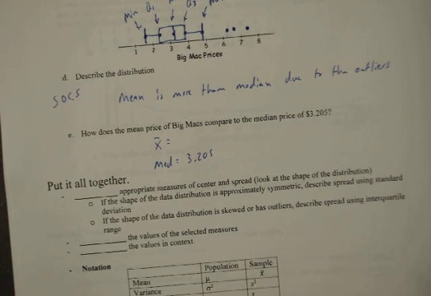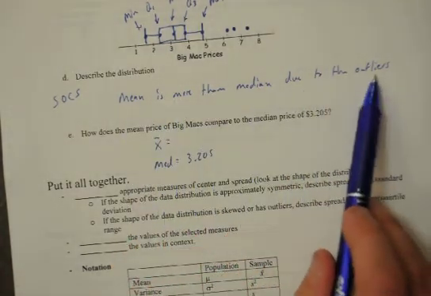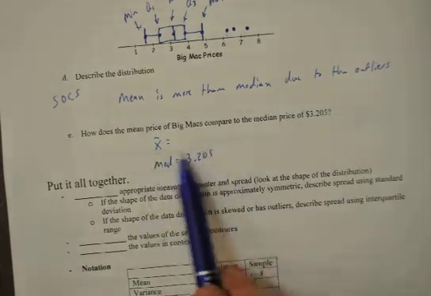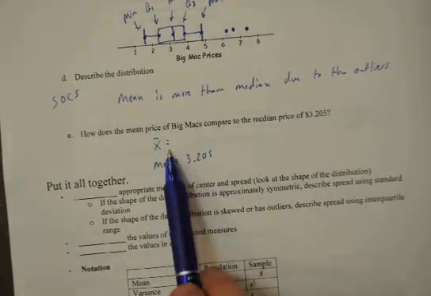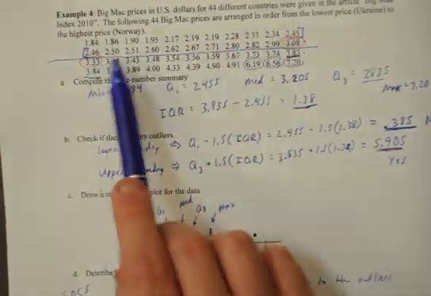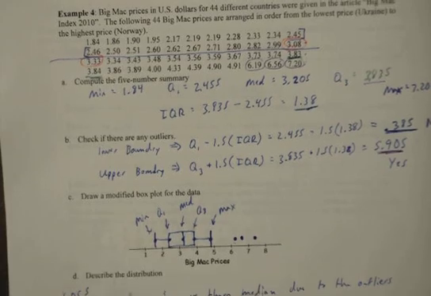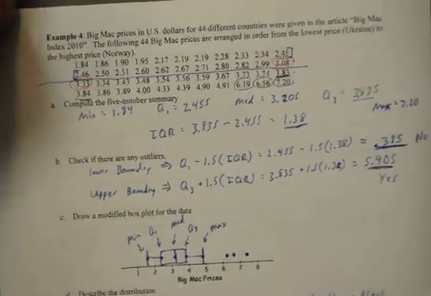And the average, I already talked about this, the mean is more than the median due to the outliers. To find the average, you're going to have to add all these up and divide by 40. I didn't do that. I should have done that beforehand.